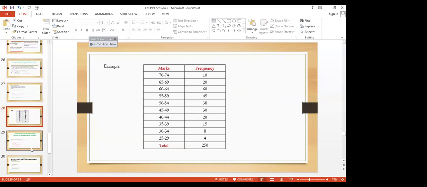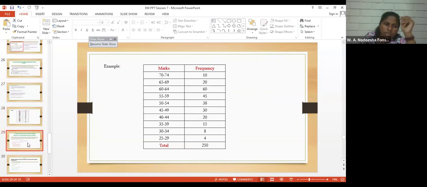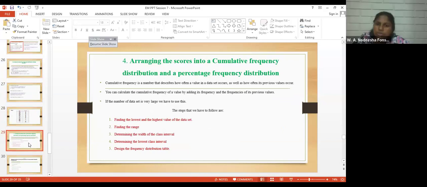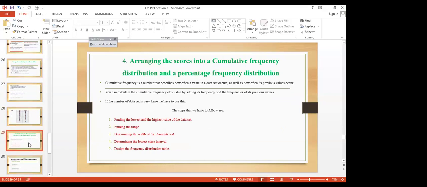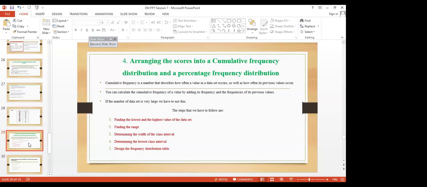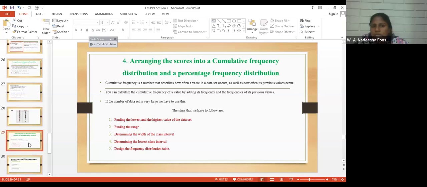This is the example. The fourth one: arranging the scores into a cumulative frequency distribution and a percentage frequency distribution.